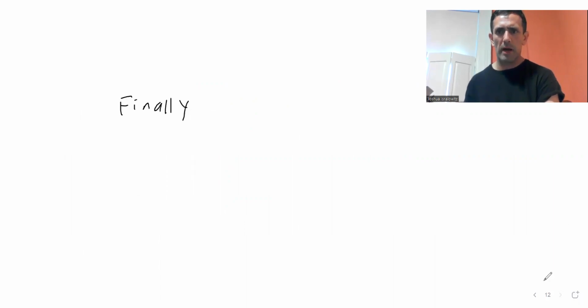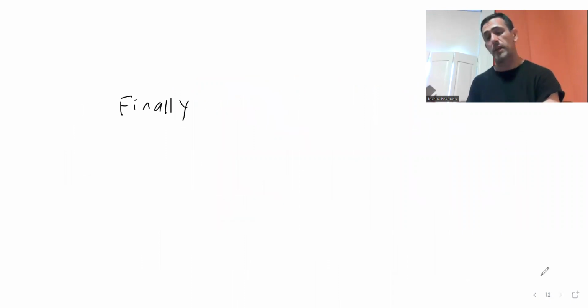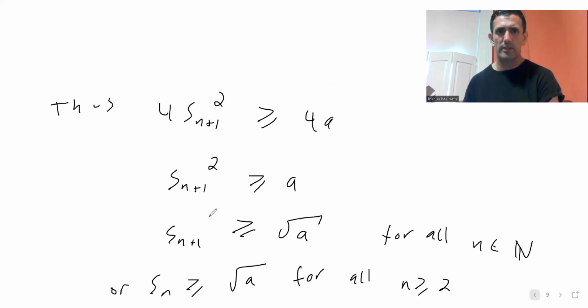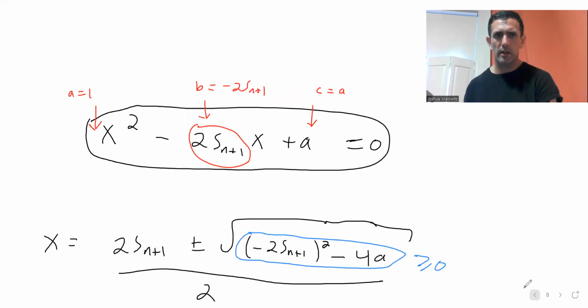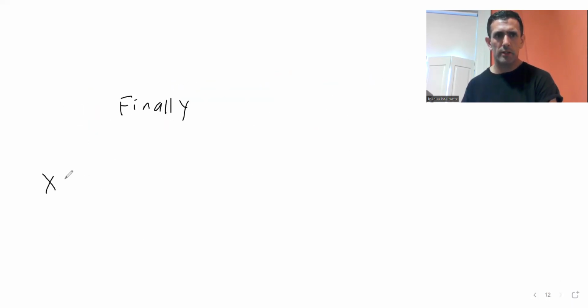Okay, so the one-tail is bounded below by the square root of A. It is decreasing, so it has a limit, and that's equivalent to the sequence itself having a limit. So let's figure out what that is. Let's say s is this limit.